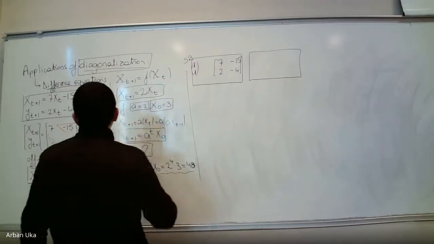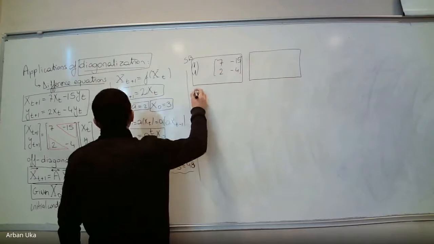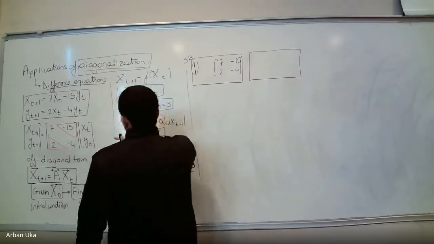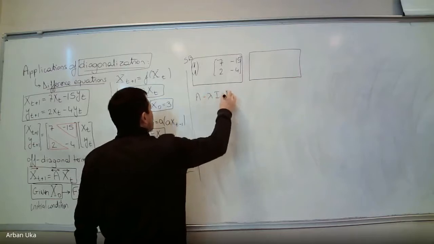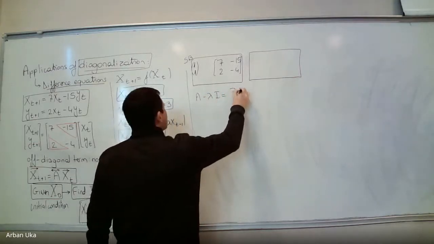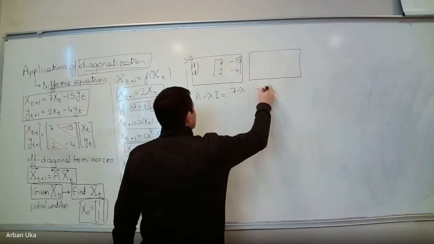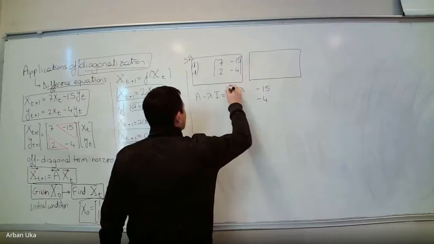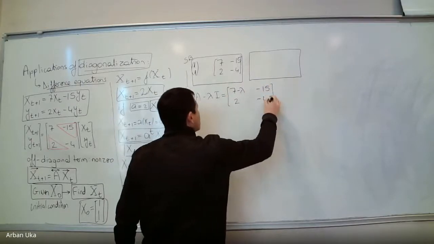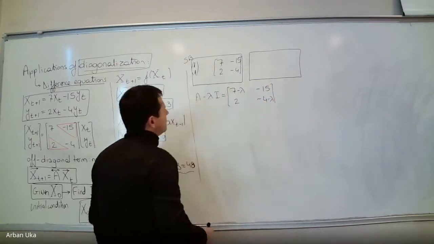So what are the steps? The steps will include the following. We have the matrix A, so we do A minus lambda I. This is equal to 7 minus lambda, minus 15, 2, minus 4. Sorry, this is also minus 4 minus lambda.